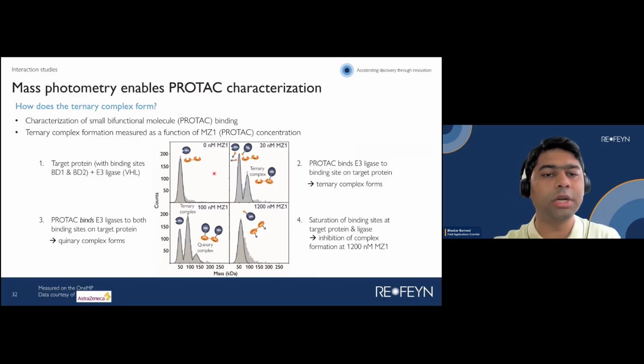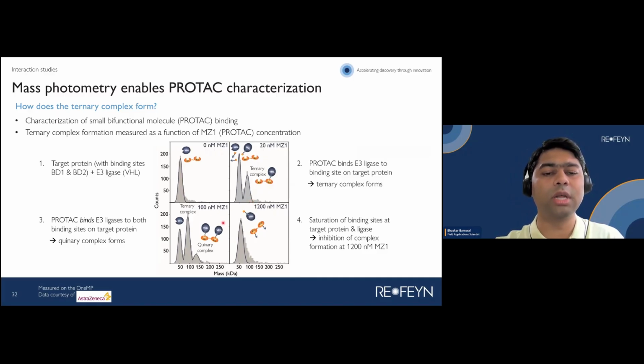And as you can see here, when there's no MZ1 PROTAC in the sample, you can only see a single peak. Unfortunately, their molecular weight is very similar, and that's why you can only see one peak for target protein and the E3 ligase. But when we add the MZ1 to the sample, what you see here is a ternary complex.